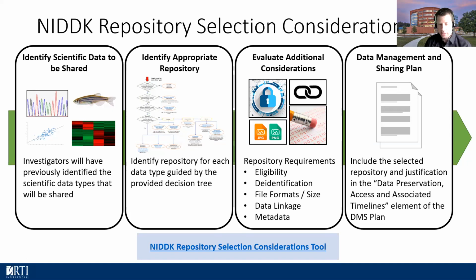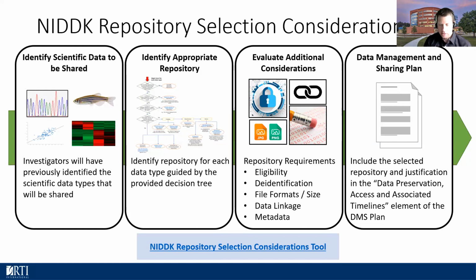So investigators in their DMS plans are encouraged to identify each of the different types of scientific data that will be shared. A repository selection decision tree is available, and there's a workflow that asks specific questions about that data type and leads you to understand the different types of repositories that are available and provides links to how to search for some of these repositories.